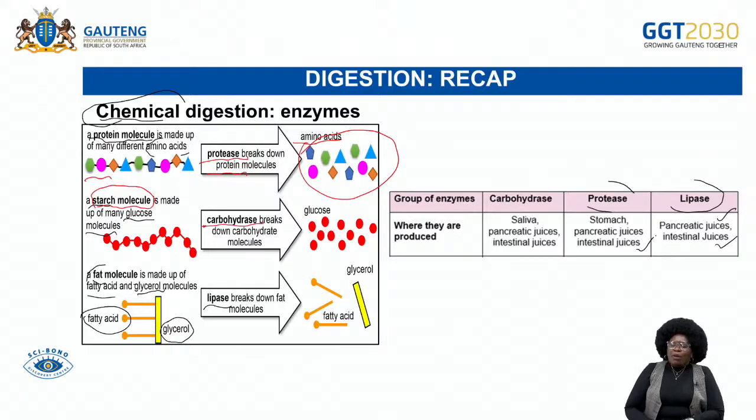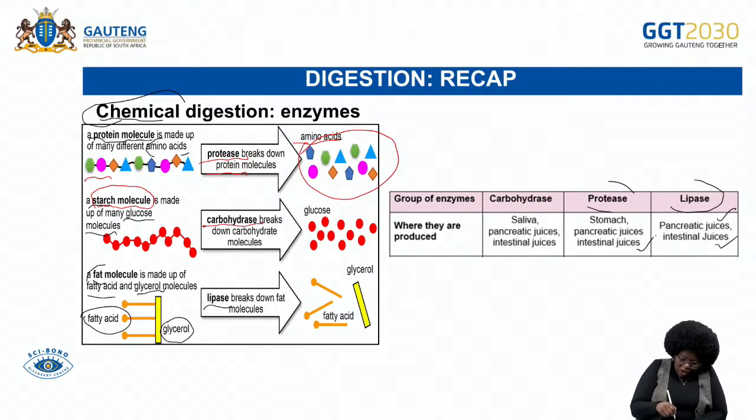So if you're asked about enzymes and you say carbohydrates, you are incorrect. Carbohydrates are food molecules, but not an enzyme. And we are looking at what is the end product. When starch molecules or carbohydrates are broken down by the enzyme carbohydrase, we are going to have glucose molecules.